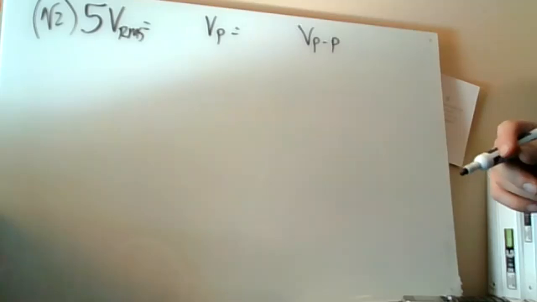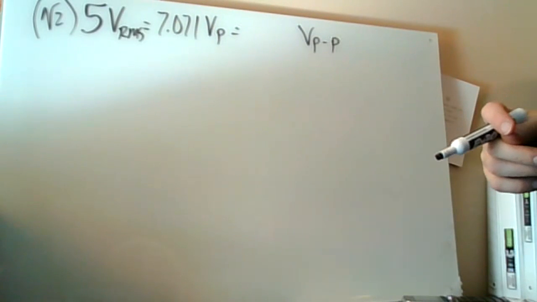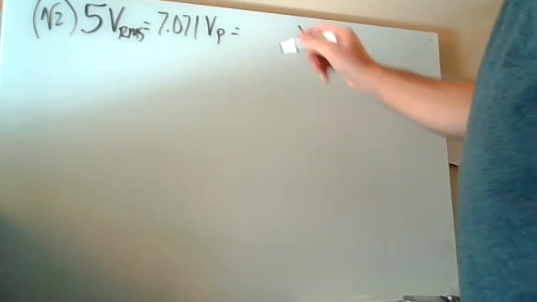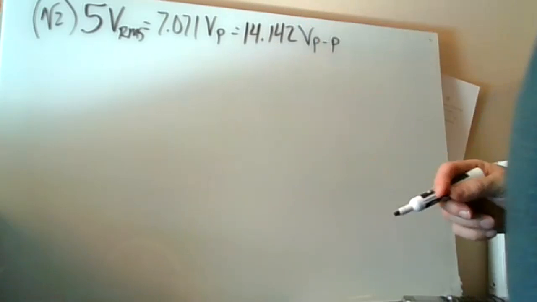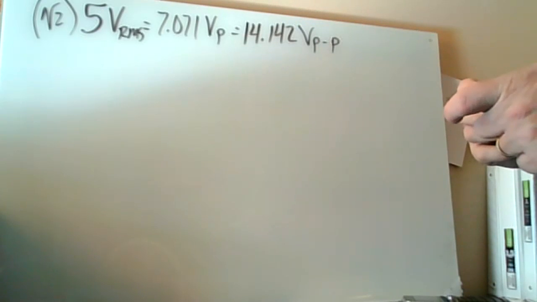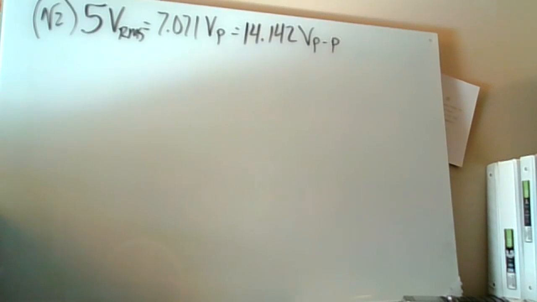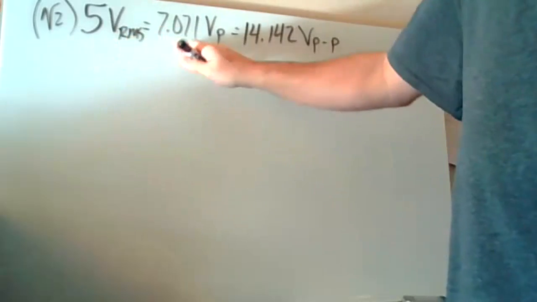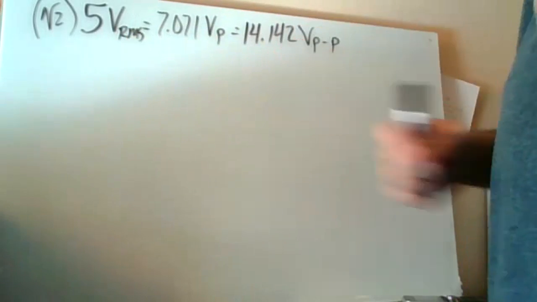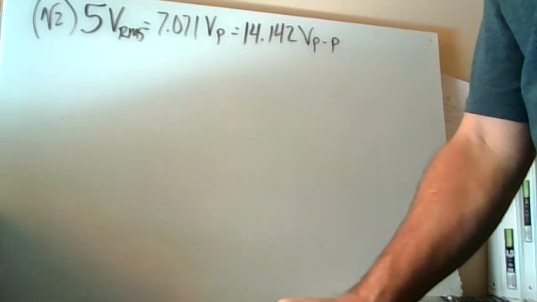I should get 7.071 volts peak. Then I just double that and I get 14.142 volts peak to peak. Everybody sees how we do it that way. You just multiply by the square root of 2 to get your volts peak, then double that to get your volts peak to peak.